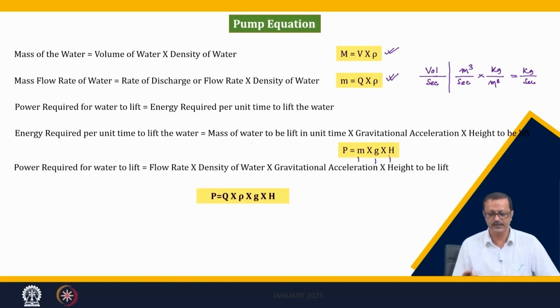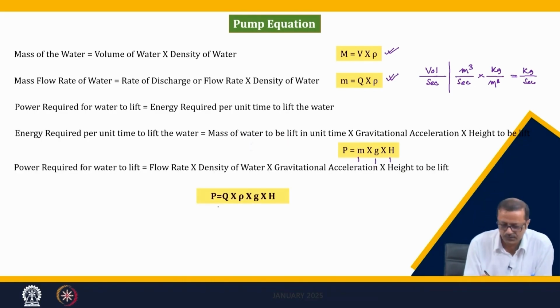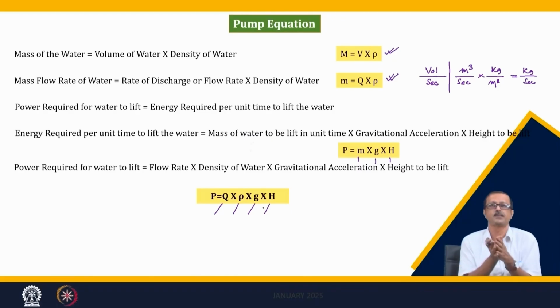So, mass I already know, which is this Q into the rho, the flow rate into the density, g is the gravitational acceleration, and h is the amount of lift. So, mass into g into h will definitely be supplied, and that will give me the power.